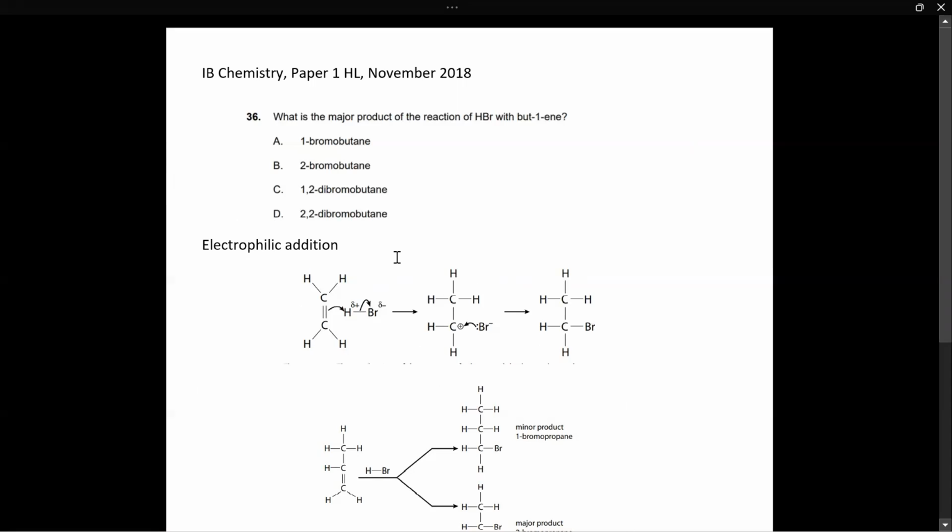But before we get into what electrophilic addition is, I want to first define what an electrophile is. What is an electrophile? An electrophile is nothing but an electron deficient species, aka a positively charged ion or the positive end of a dipole.